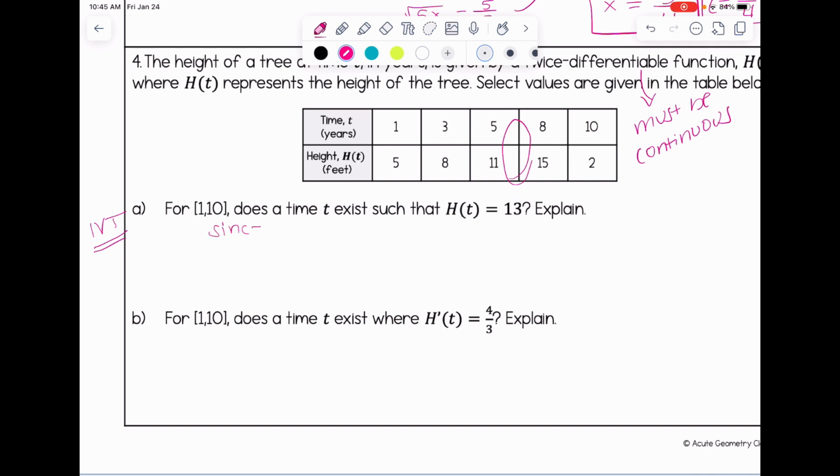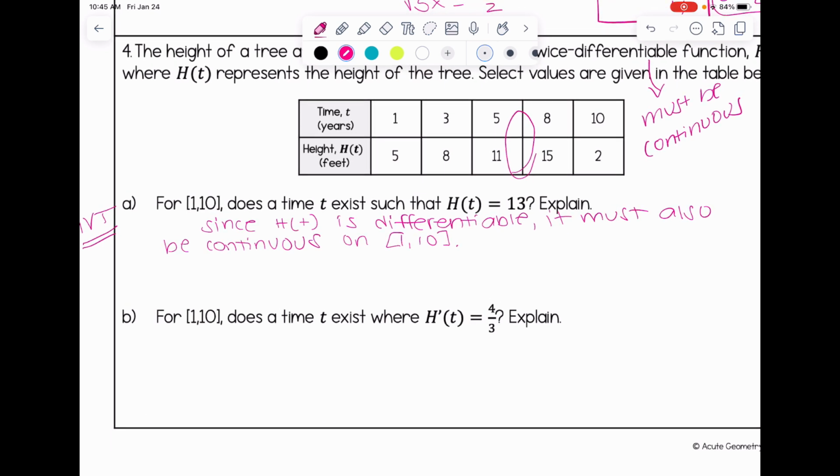I'm going to say since h of t is differentiable, it must also be continuous. Let's get those requirements out of the way. And that's on that interval 1 to 10. Now let's talk about why we know that there is a value of h of t that is 13.